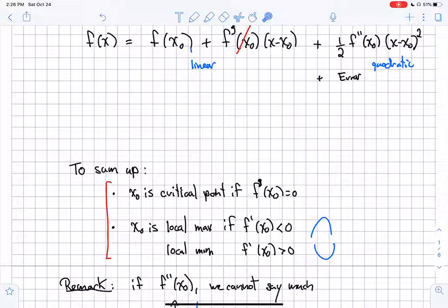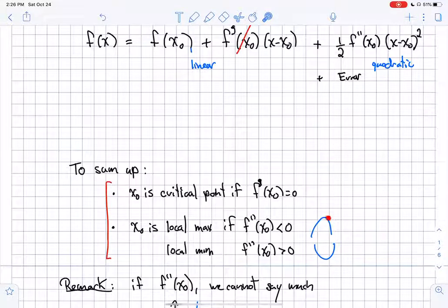First of all, you have to check that you have a critical point, that is, the derivative is 0. And second, you look at the second derivative. If it's negative, then f of x will always be smaller than f of x0, so x0 is a local max.